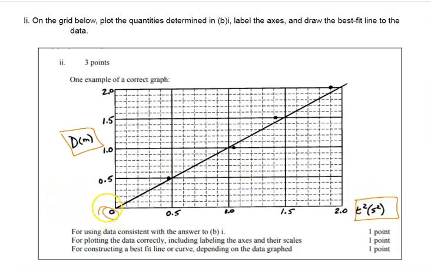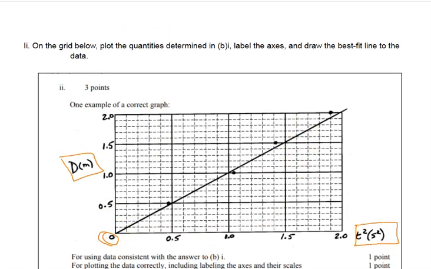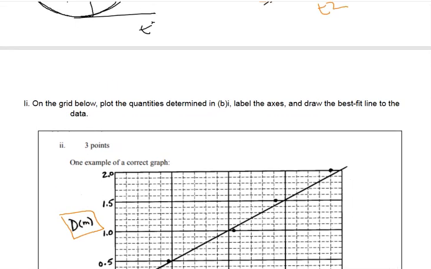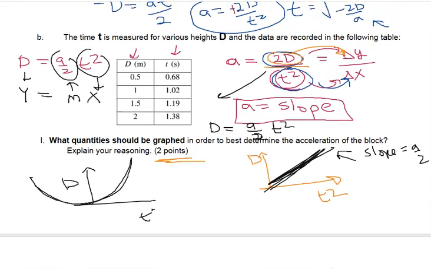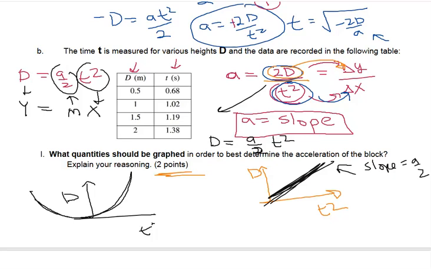You always want to ask yourself, should there be a y-intercept or not? Because 90% of the time there's not, but you really don't want to assume, go on autopilot and get stuck on the ones where there is a y-intercept. But if you look at this, if you plug in T equals 0, you get D equals 0. So yes, 0, 0 is a legit point.